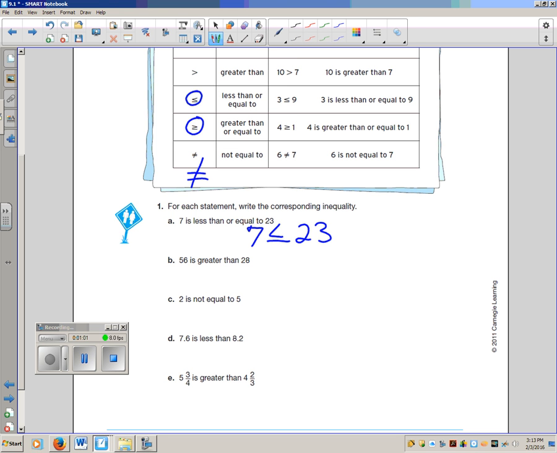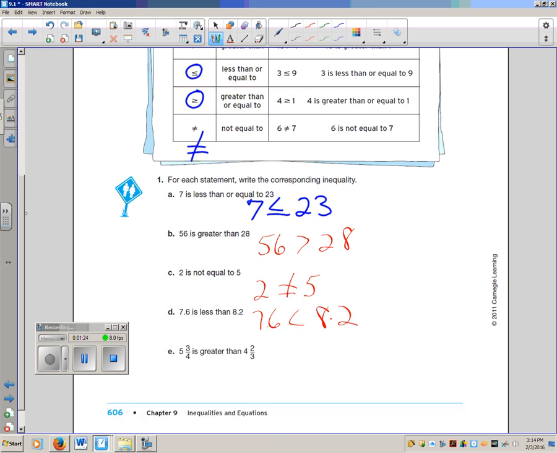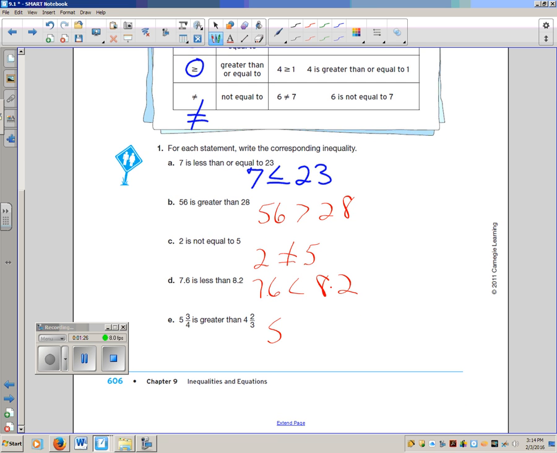Don't worry about them making sense. 56 is greater than 28. 2 is not equal to 5. 7 6/10 is less than 8 2/10. And the last one, 5 3/4 is greater than 4 2/3.